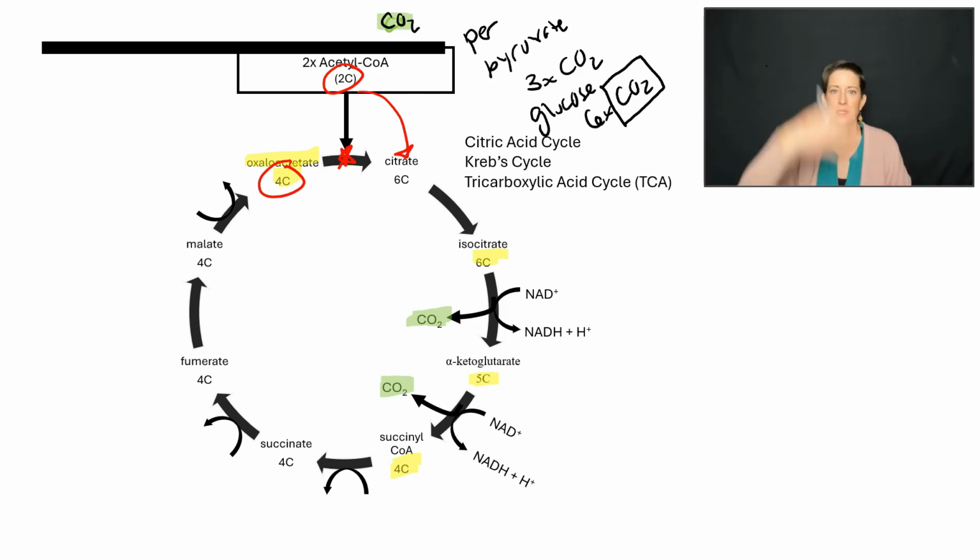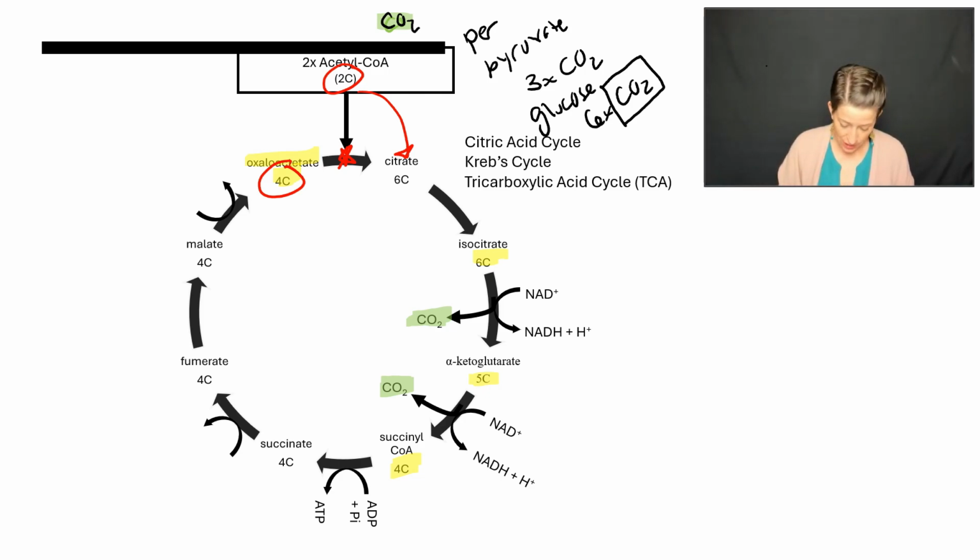So through a series of other reactions, we get some ATP. Here, because we're not taking a phosphate off of a compound like we'd seen with G3P to pyruvate, we are attaching a free-floating inorganic phosphate. So that's what that Pi stands for, inorganic phosphate.